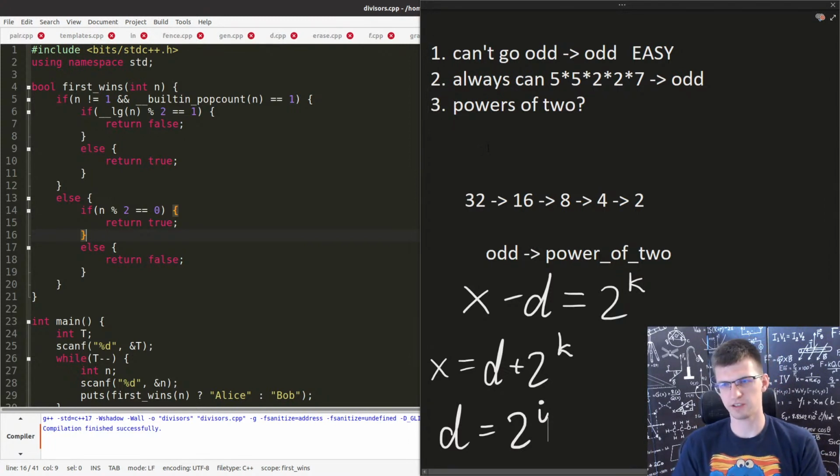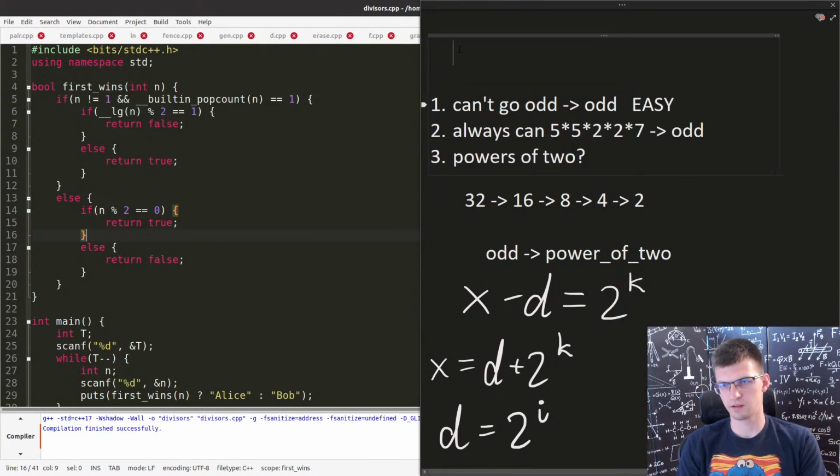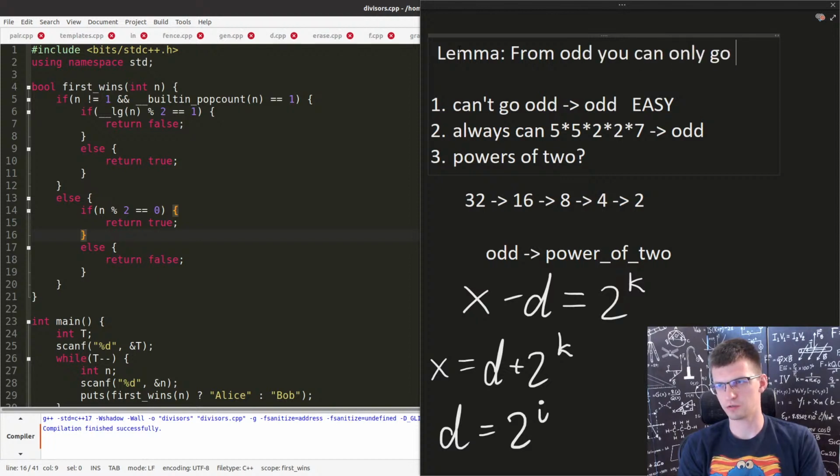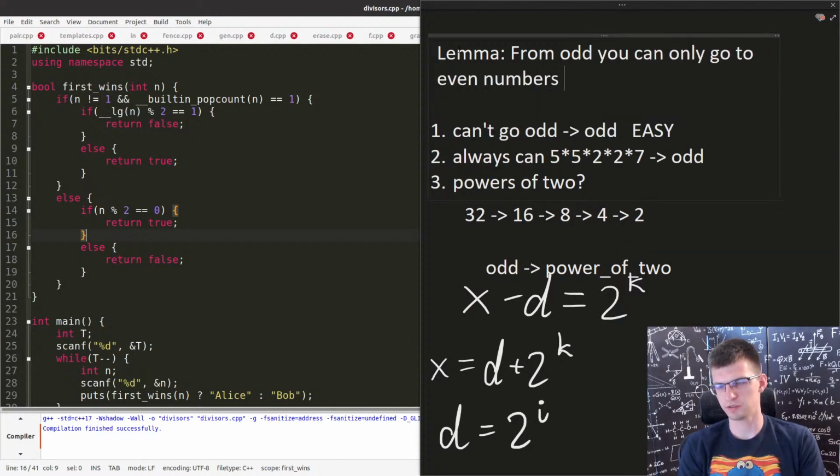I will write down this lemma because it's quite important. Lemma. From odd you can only go to even numbers that are not powers of 2.